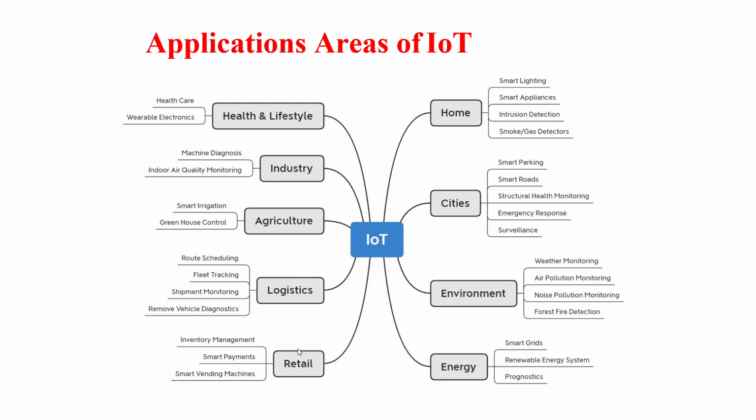Next, coming to the last application, retail. In retail, you can include smart payments, smart vending machines, and inventory management. Here, smart payments don't mean Google Pay or any UPI. If you are aware of debit cards or credit cards, in earlier days we used to have a swiping machine for cards, but nowadays if you just tap and enter your PIN, the payment is done automatically.